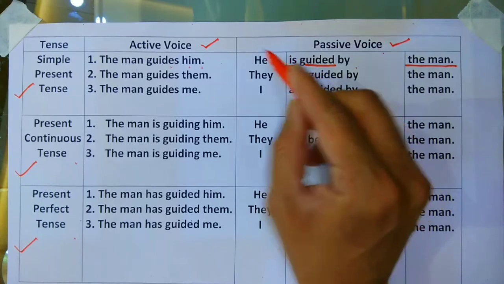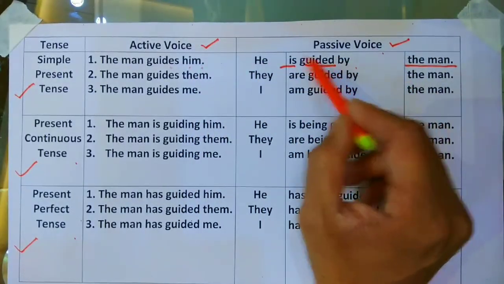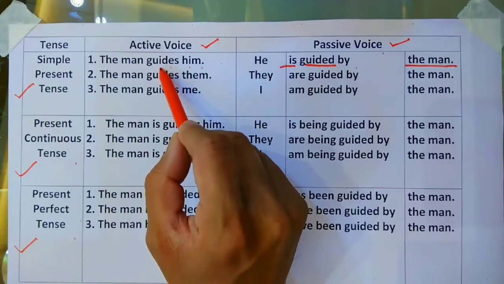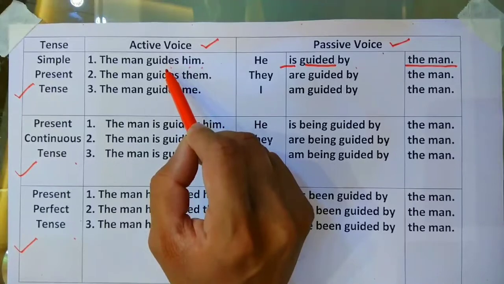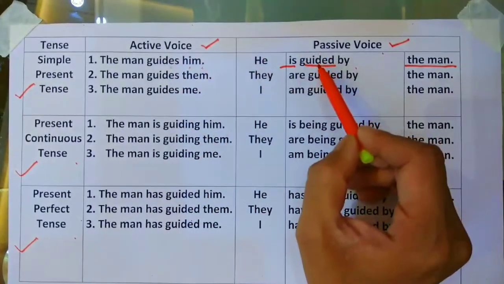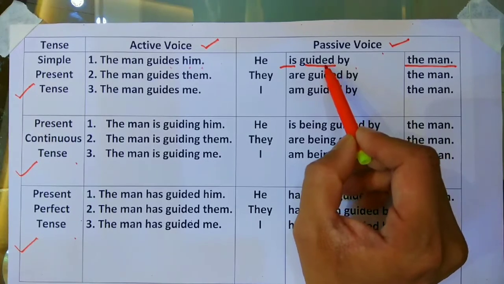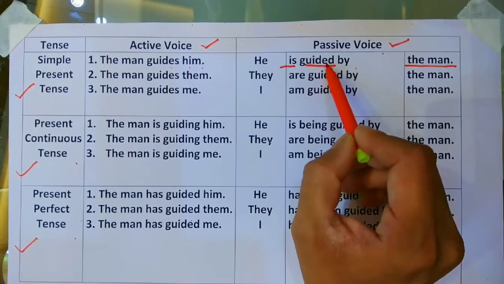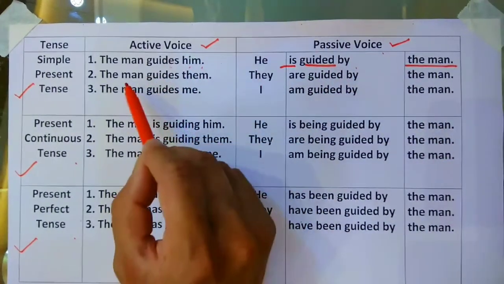So while converting the active voice into passive voice, you need to make sure you have converted this verb. Let the verb be in any form, V1 or V2 or V3, but while converting into passive voice, we have to use the third form of the verb or past participle form of the verb in the passive voice. Let us come to the second sentence.